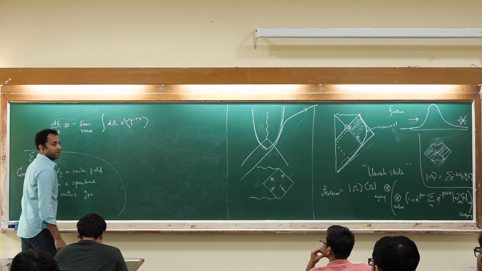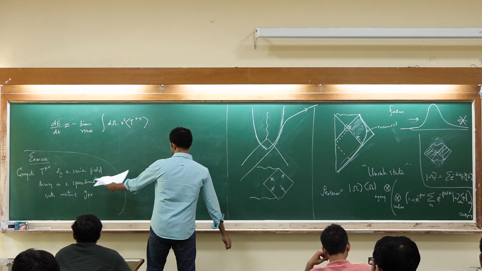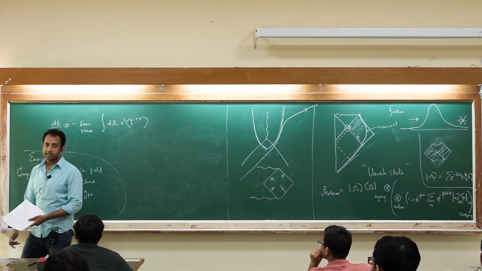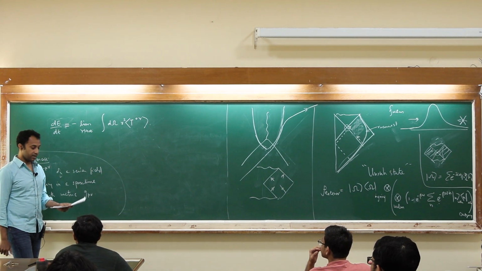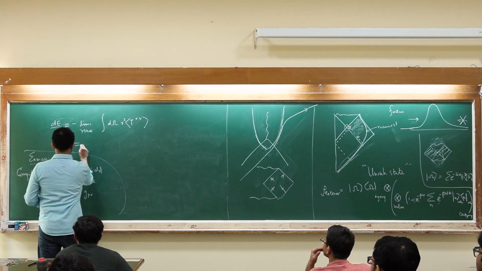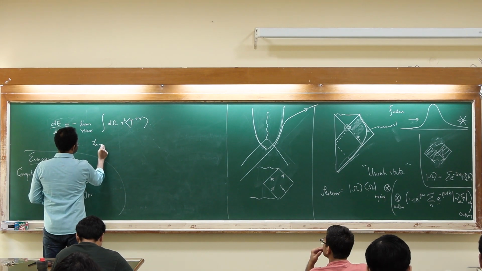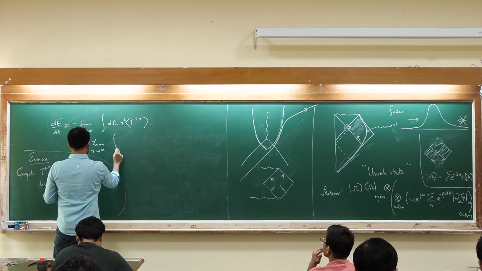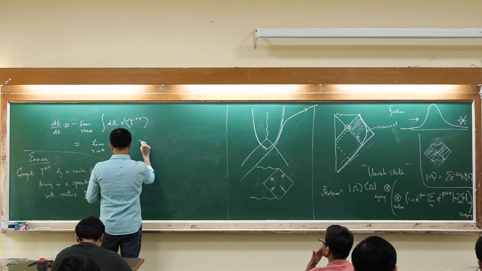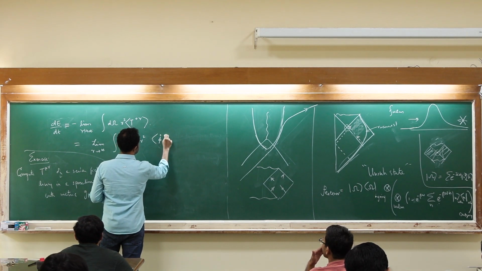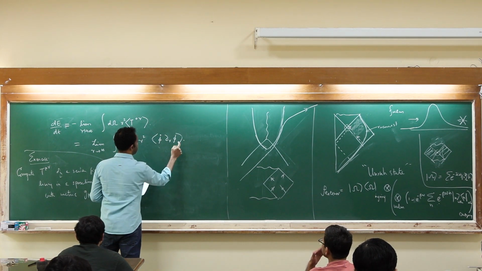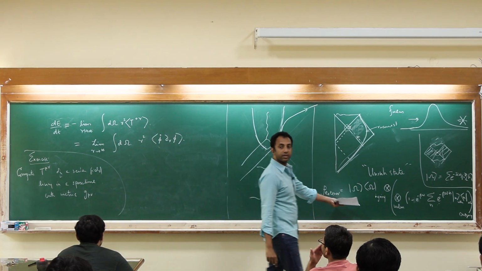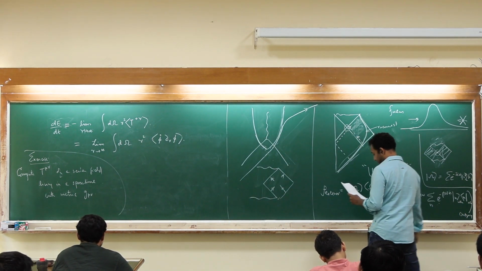If you have not seen this, you can either look it up or you can do it. It's straightforward. You will need the scalar action and vary it with respect to the metric. The claim is that this reduces to an expression of this form. This expectation value is again to be computed on this state.